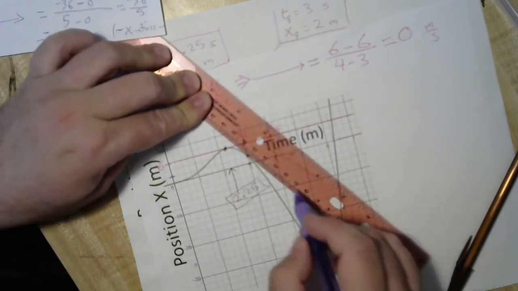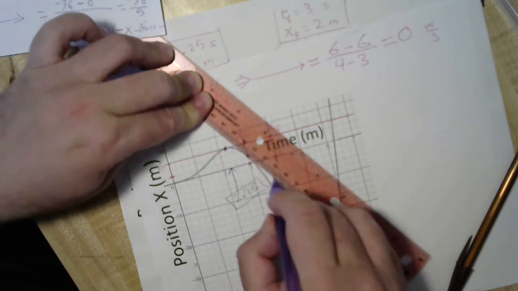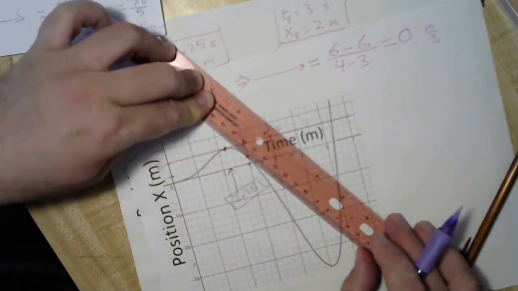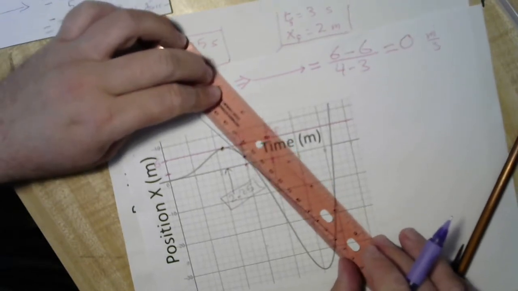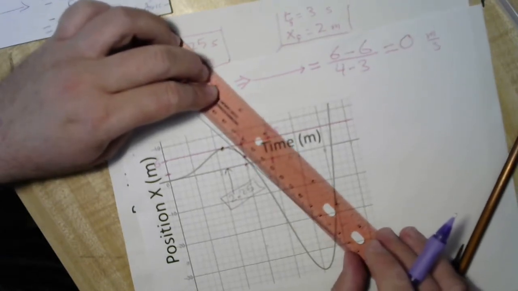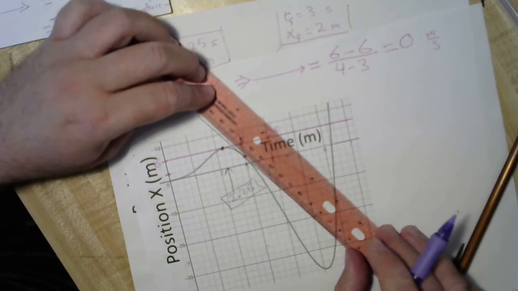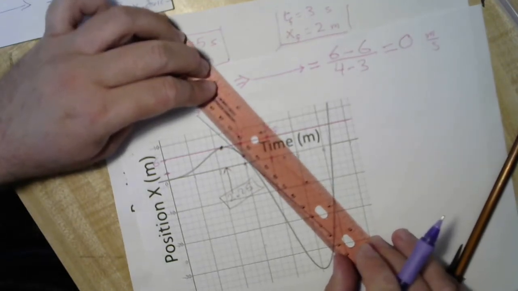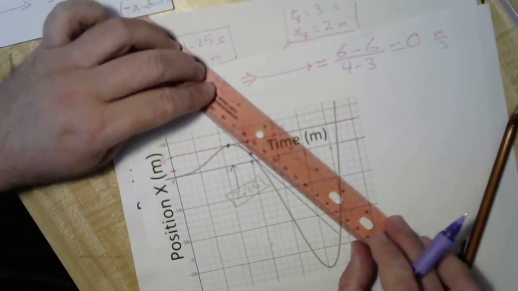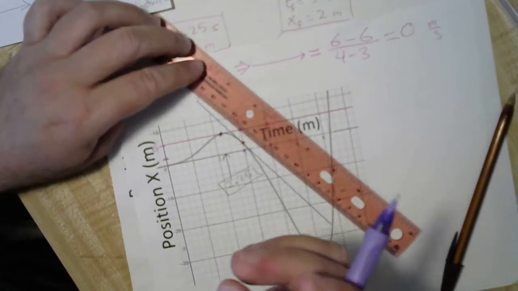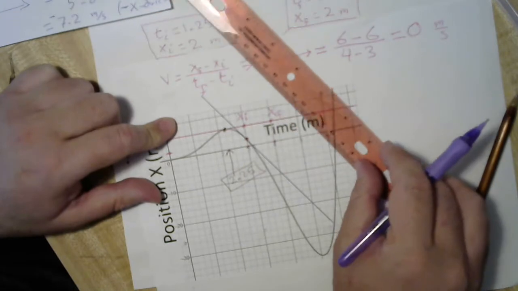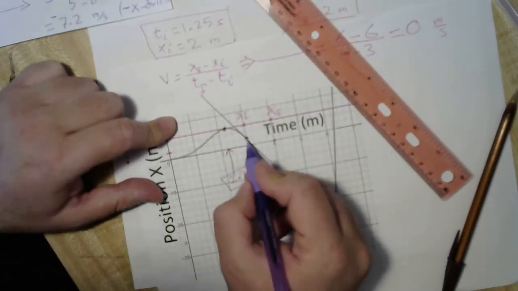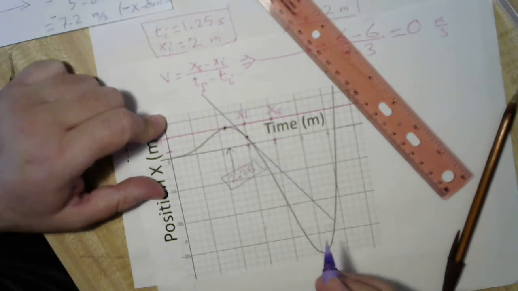Maybe I will have some errors in drawing this line, but that error will not be that different from one person to another. Maybe you will draw it like this or like this, but the change will not be too much. Okay, this is the tangential line at t equal 3 approximately.